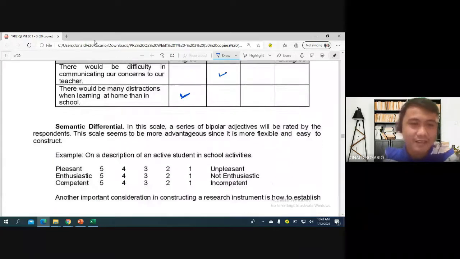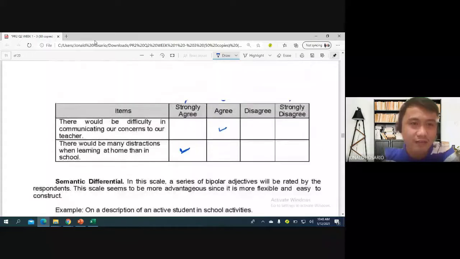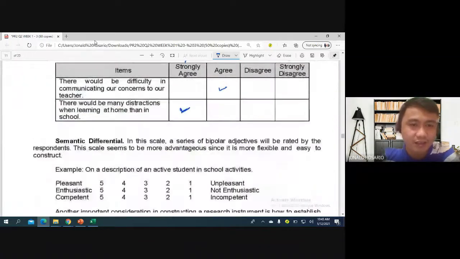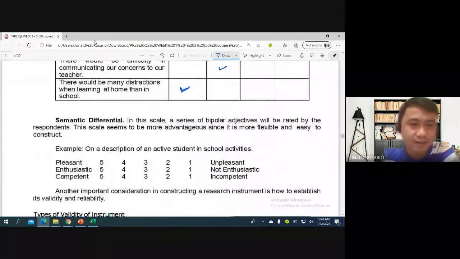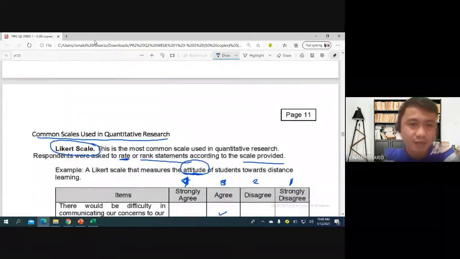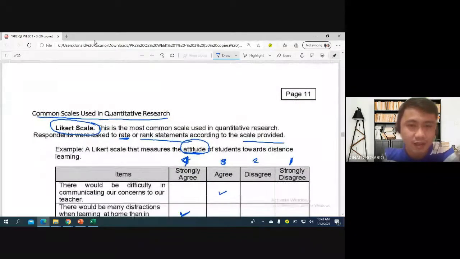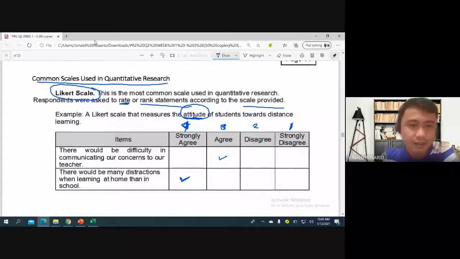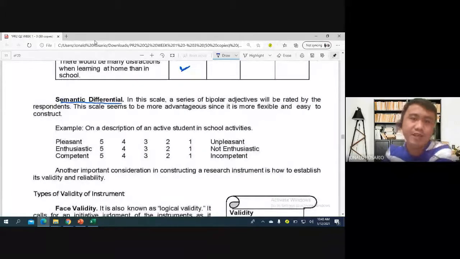Okay, next, we're done with the Likert scale. Pwede rin ito, semantic differential. Pero madalang tong gamitin. Ang pinaka-common is, commonly used, itong Likert scale. Okay, semantic differential. In this scale, a series of bipolar adjectives.